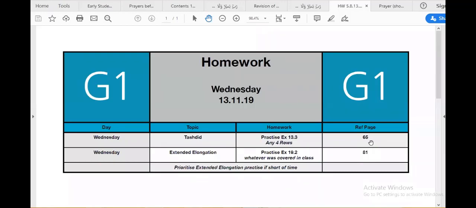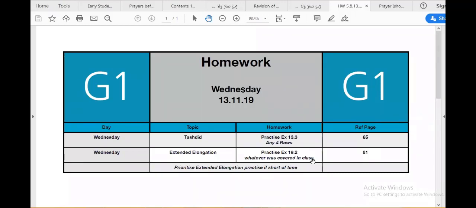I hope you're all noting this down in your diaries or taking a picture of the screen now. The next homework is to do with extended elongation and practice exercise 19.2, whatever was covered in class. In today's class, we only managed to cover the first line. So if you can please practice that, and then inshallah we will carry on with this topic in tomorrow's class as well.